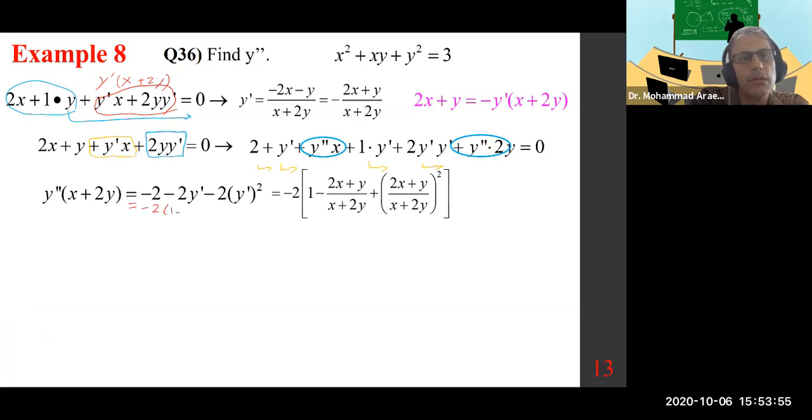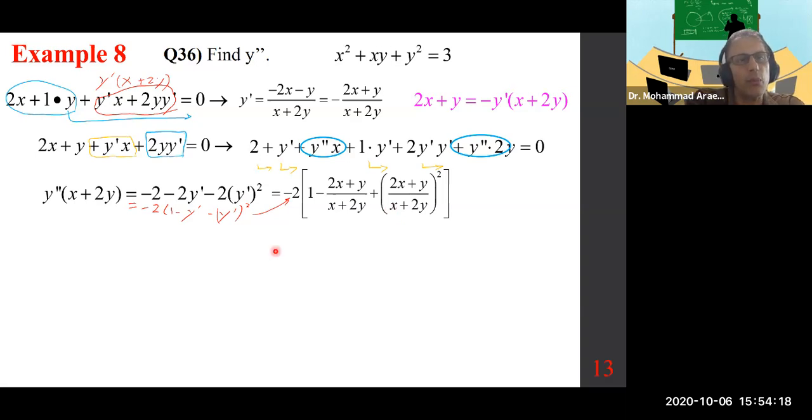So minus y prime minus y prime squared. So that's what happens. And now we replace the y prime, and there you have it. So the y prime is replaced by this, and there you have it.